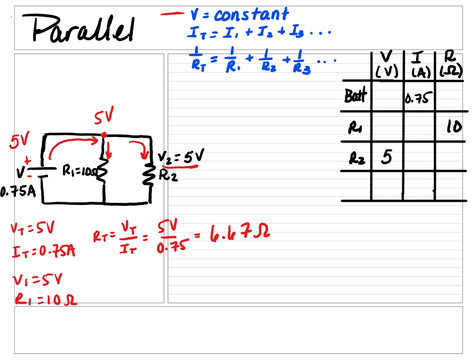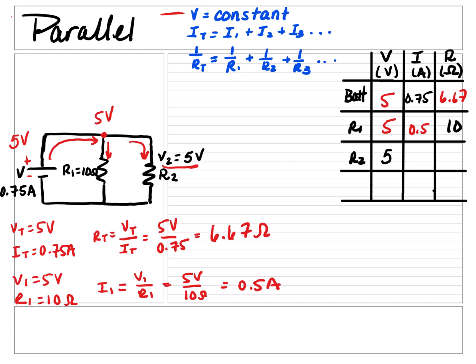We could also find the current through R1 because V1 is equal to 5 volts, and R1 is equal to 10 ohms. So I1 is equal to V1 over R1, 5 volts over 10 ohms, which is equal to 0.5 amps. So if I complete the table, this is 6.67, this is 5 volts, this is 5 volts. We know the current through R1 is 0.5 amps.